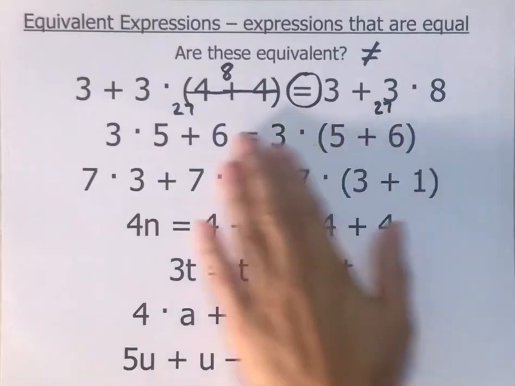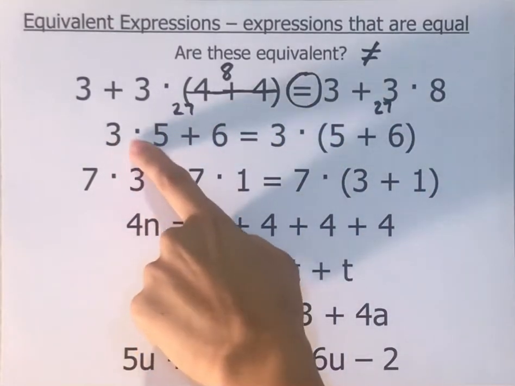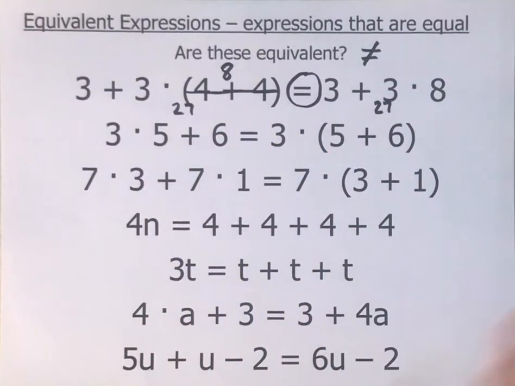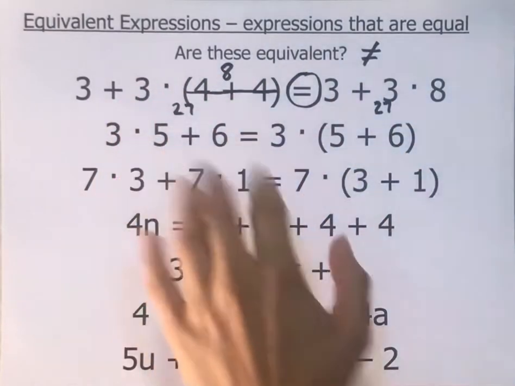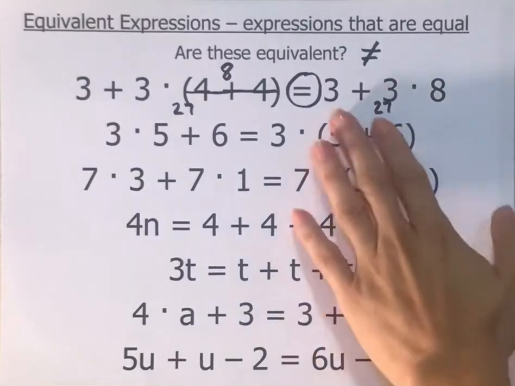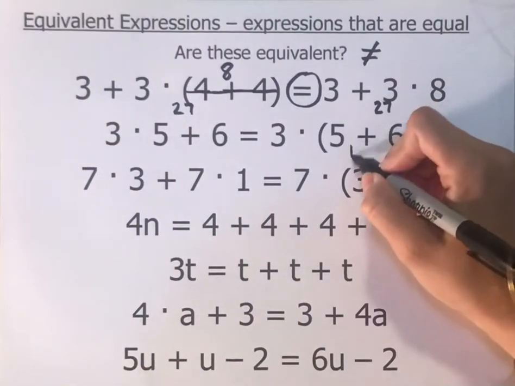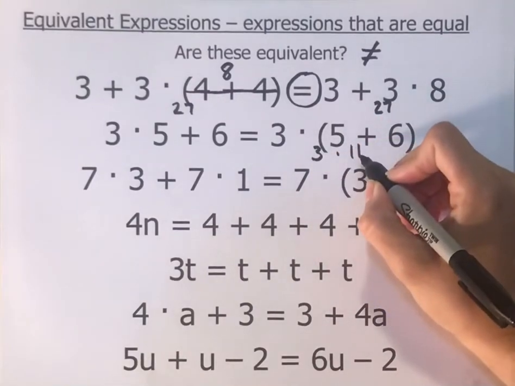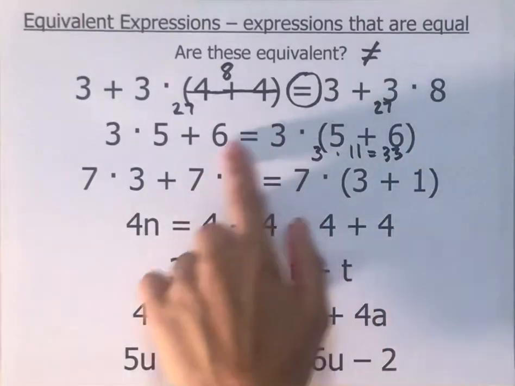Okay, on this one, let's take a look at this. It looks like I have all the same things. I have 3 times 5 plus 6. I have 3 times 5 plus 6. Okay, but on this side, as you can see, I have a parentheses where this side I don't. So if I think about PEMDAS, it tells me to do the parentheses first. So 5 plus 6 is 11. And then if I times that by 3, I get 33 on this side. So this side is 33. Let's look at this side.